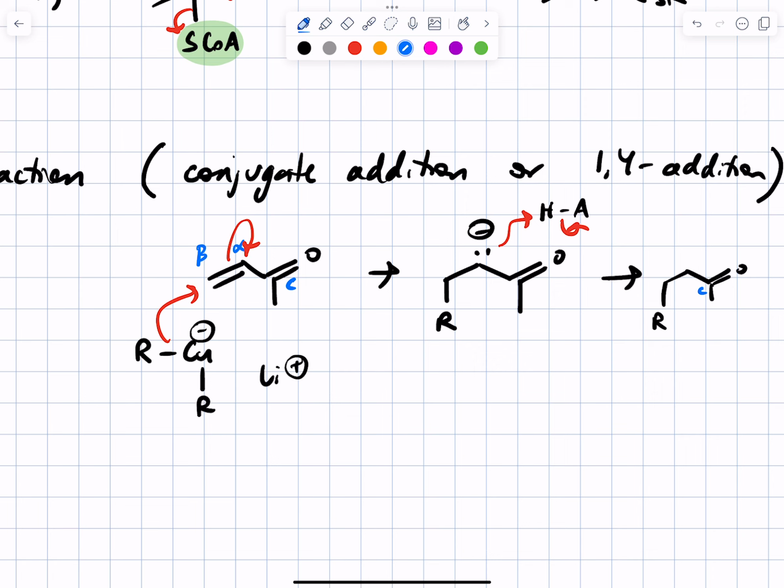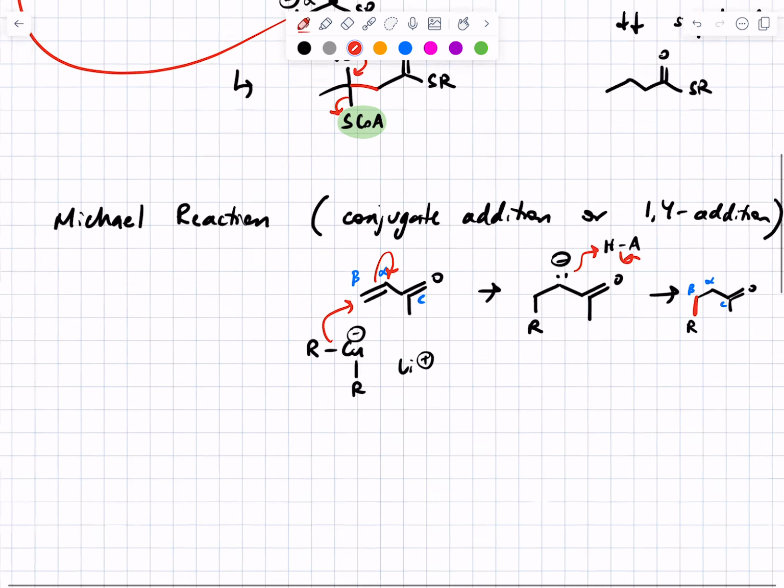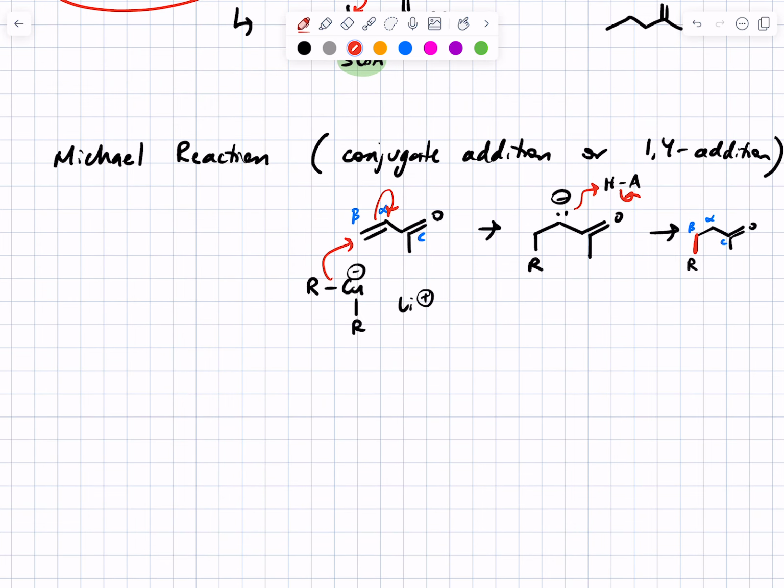Here is the carbonyl carbon, here's the alpha carbon, here's the beta carbon, and here is the new bond that we made. And so that's an example of a conjugate addition reaction that you've seen before. What we're going to do now is simply to do a conjugate addition reaction, only we're going to use an enolate as a nucleophile.